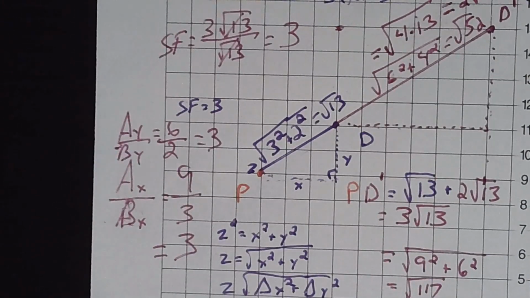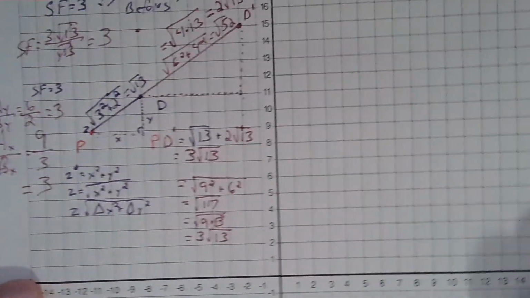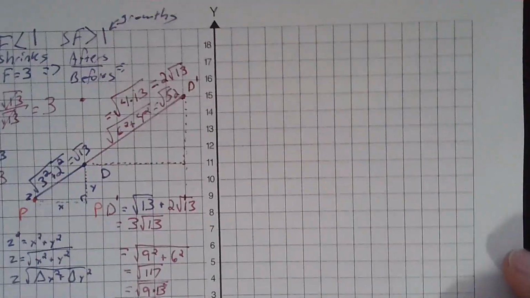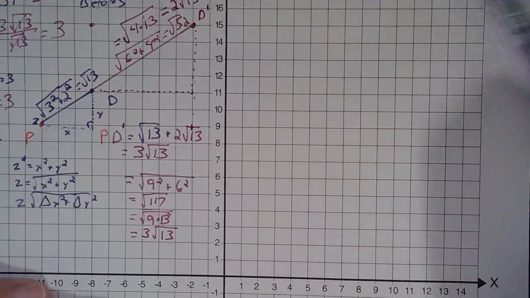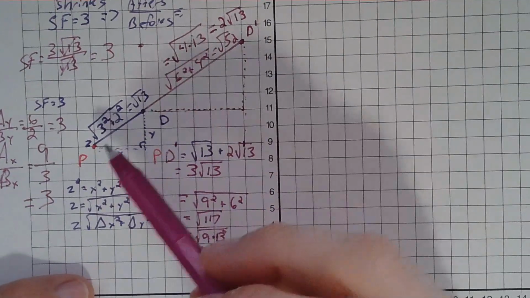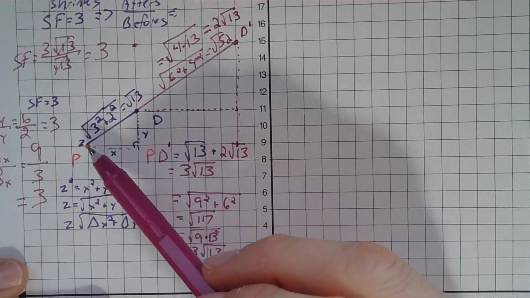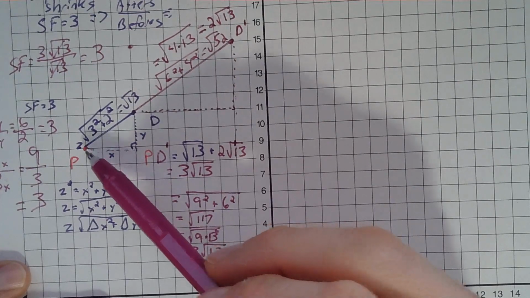Okay? So let's show you one that looks like a point of dilation from the point of origin. This one was dilating one point from the other point, where the point of dilation is the point itself.